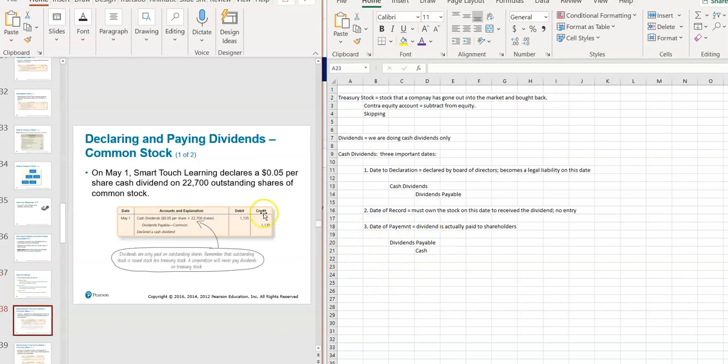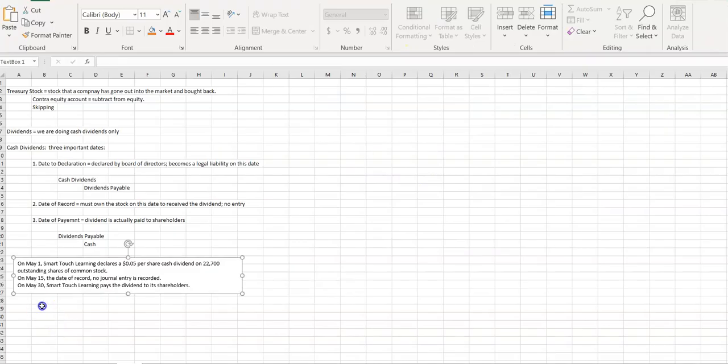Okay, so Smart Touch Learning declares a 5-cent per share cash dividend on 22,700 outstanding shares of common stock. Okay, so here are our dividend dates. On May 1st, Smart Touch Learning declares a 5-cent per share cash dividend on 22,700 outstanding shares of common stock.